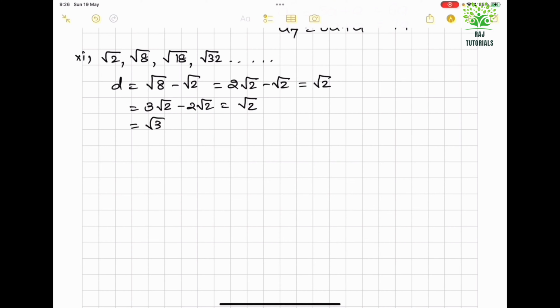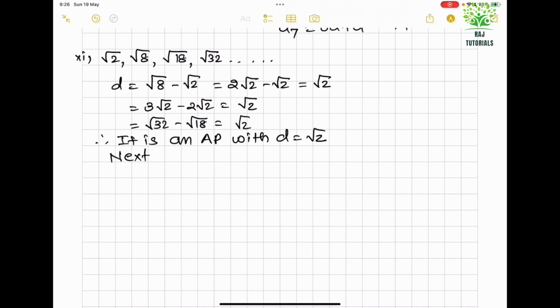Then root 32 minus root 18, that also will come as root 2. So the common difference is coming same. Therefore it is an AP with D equal to root 2.